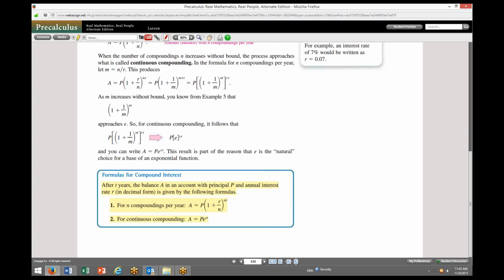That would be 12 times per year, or maybe every 3 months. That would be what we call quarterly, because quarterly compounding means 4 times a year, every quarter of a year, which is a fourth of a year, which is 3 months. Or it could be semi-annually, which means every half year. That would be 2 times per year.